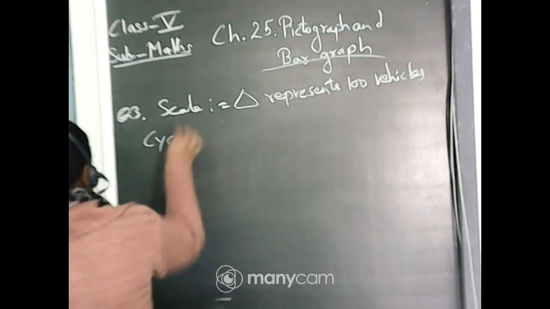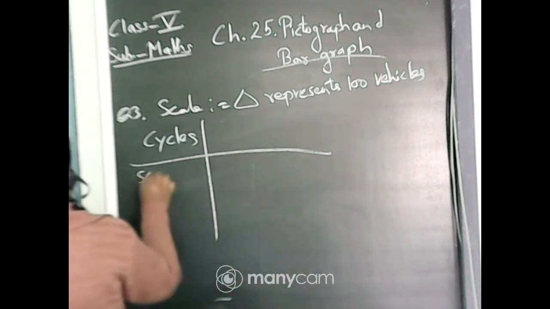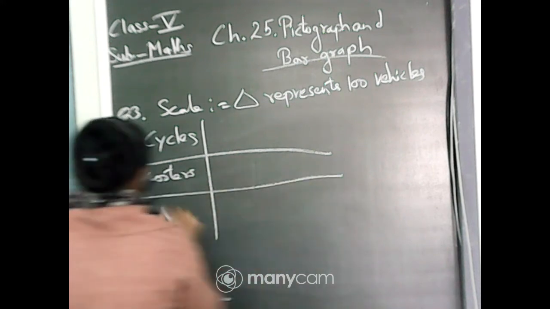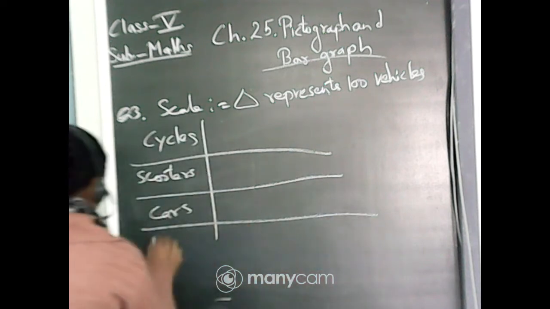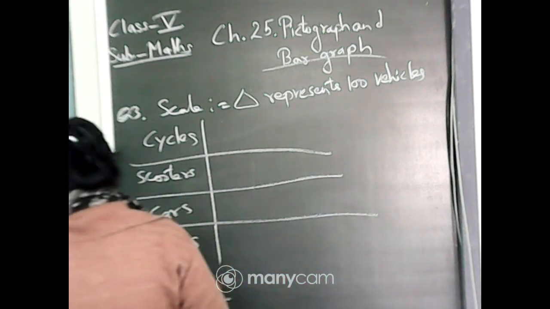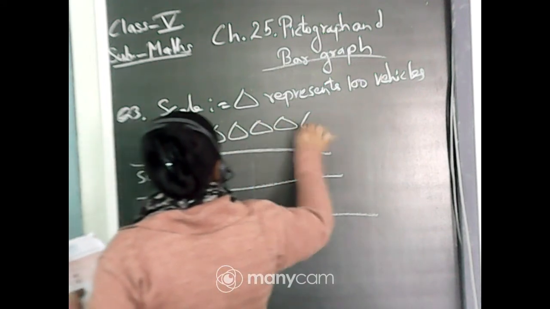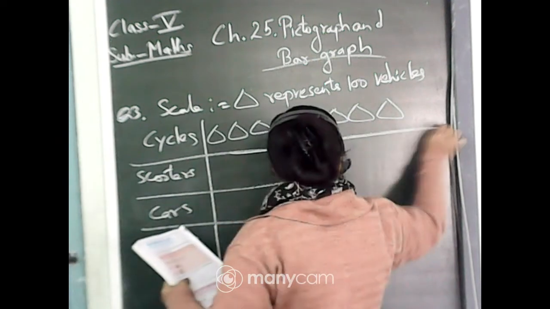Okay, now see, first one cycles, second one scooters, third one cars, and fourth one is buses. Okay, now cycle 800, that means 1, 2, 3, 4, 5, 6, 7 and 8. So this is 8.